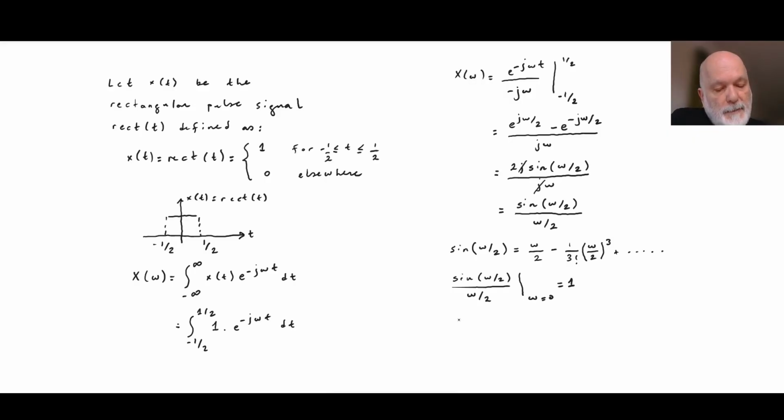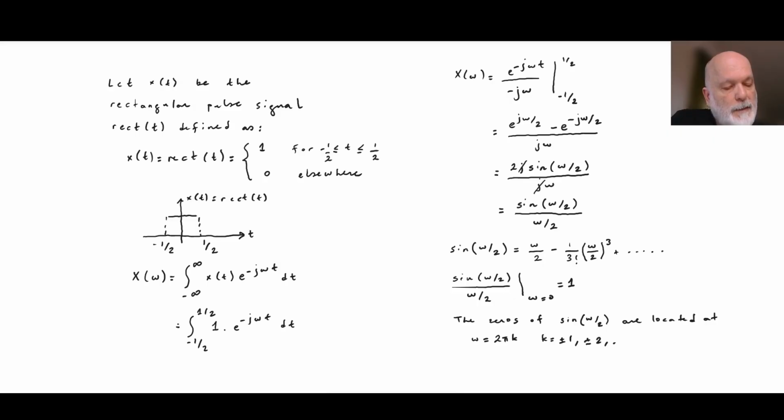And the zeros of sine omega over 2 are located at omega equal to 2 pi k, k plus minus 1, plus minus 2.